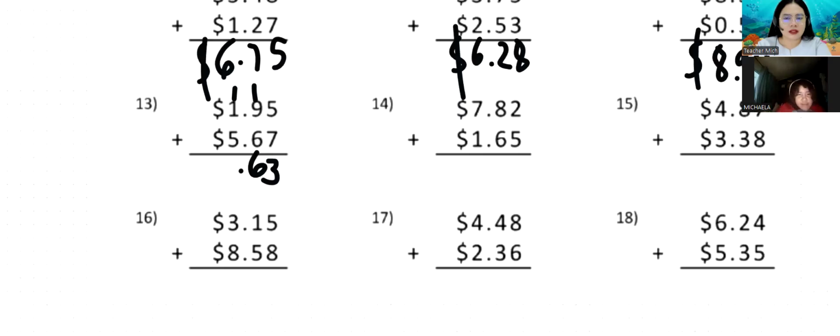Yes. Again, so from 7 we'll count 5. That's 8, 9, 10, 11, and 12. So it should be 12. Okay?